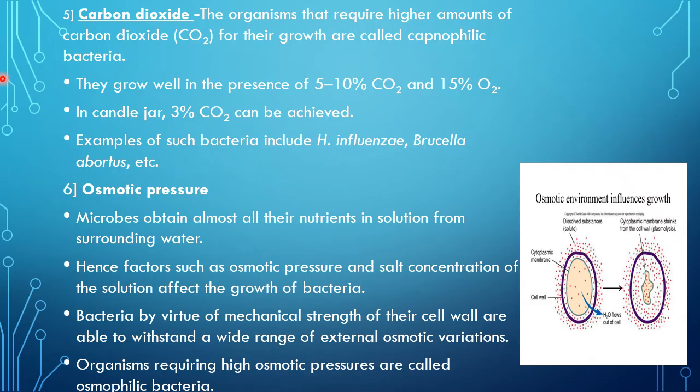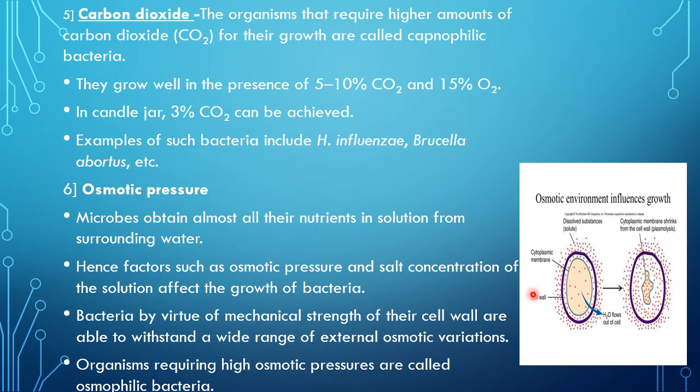Okay, so the next and the last factor is osmotic pressure. Now, what is osmotic pressure? It is a pressure exerted on the cell membrane due to the differences in the solute concentration between the interior and exterior environment.